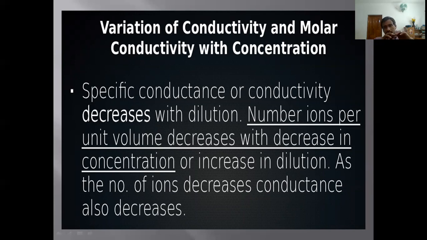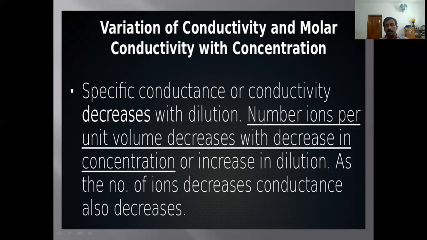If you take 1 ml of a solution of particular concentration, that 1 ml contains a particular number of ions. As the dilution increases, the number of ions in this 1 ml will decrease. Number of ions per unit volume decreases.